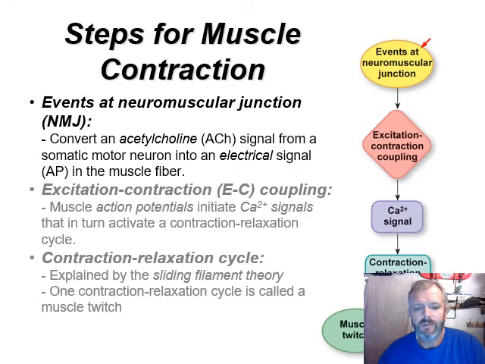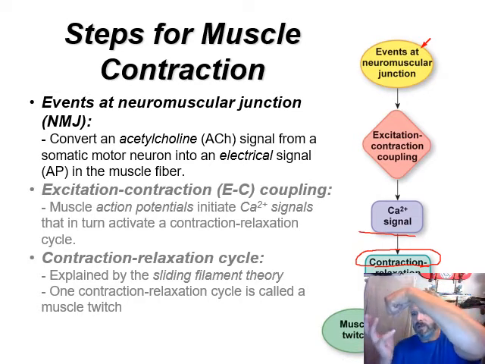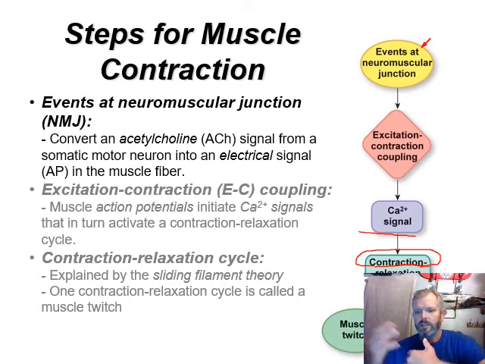All right, so we've done those contraction events. We'll hold off on relaxation in just a bit, but we've seen what needs to take place for contraction. Right, we have to get that calcium out, and then we get the interactions between myosin and actin, and we get the power stroking, and we get that sliding filament theory.